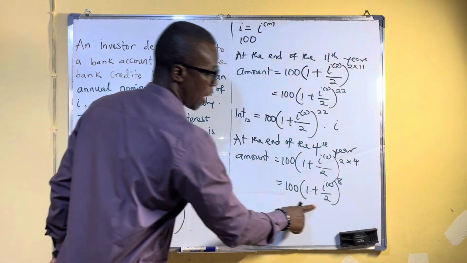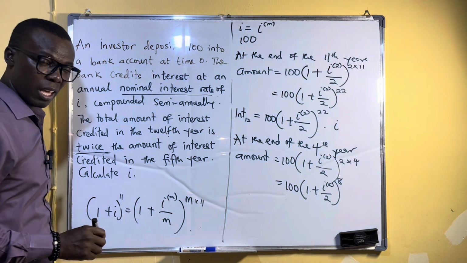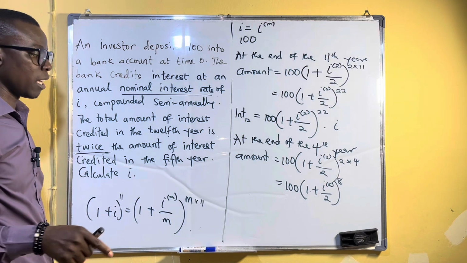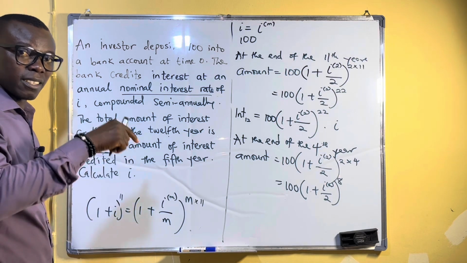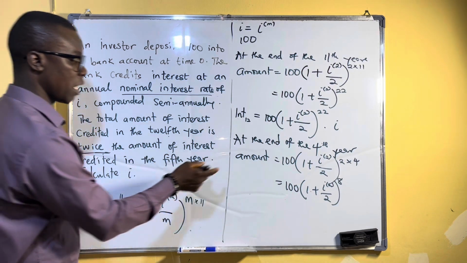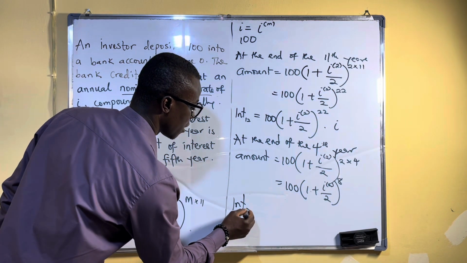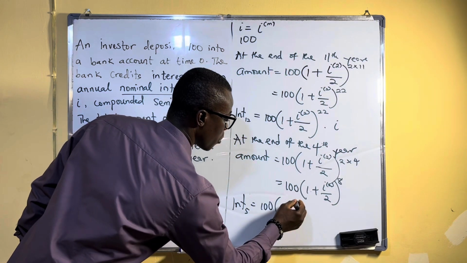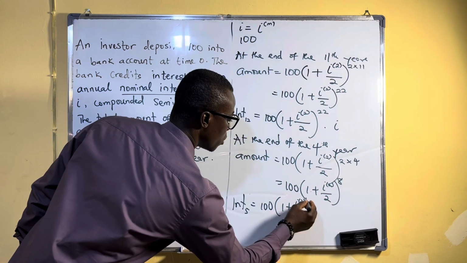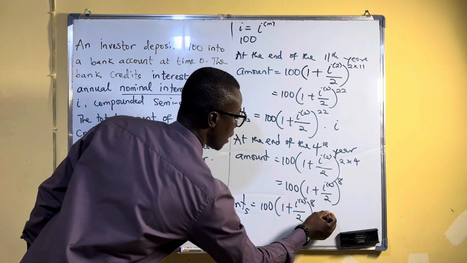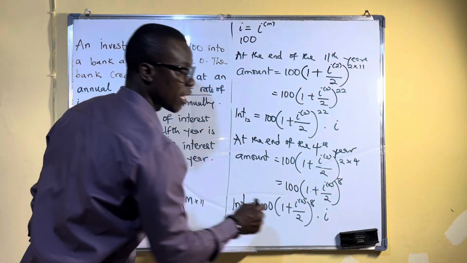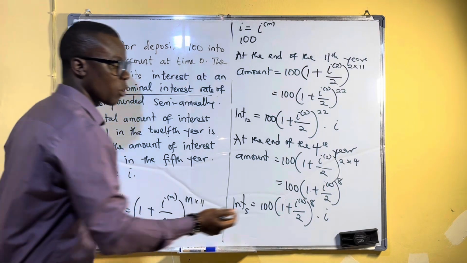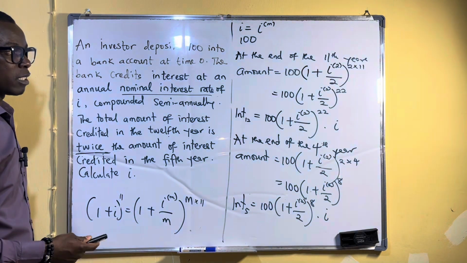This is the amount at the end of the 4th year, which becomes the principal for the 5th year. So the interest credited in the 5th year becomes 100 into (1 plus i^(2)/2) raised to power 8 times i. Now this i here is the annual effective interest rate. I'm just trying to simplify, and that's why I'm making use of the i.